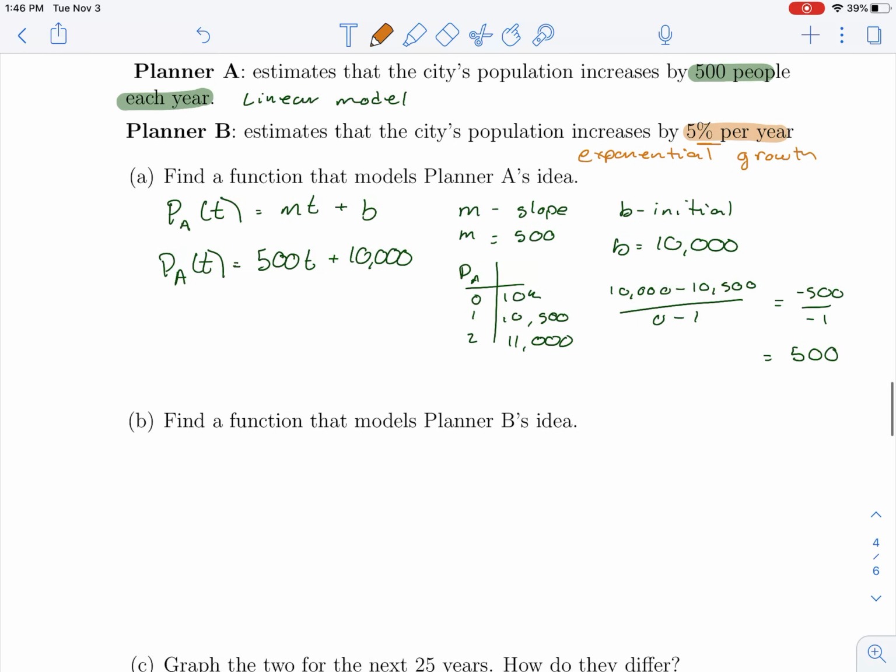Kind of think about an investment is my recommendation right now. If I want my portfolio to grow 5%, I want that to be my growth rate or my growth factor. I'll give you a second to think about that.